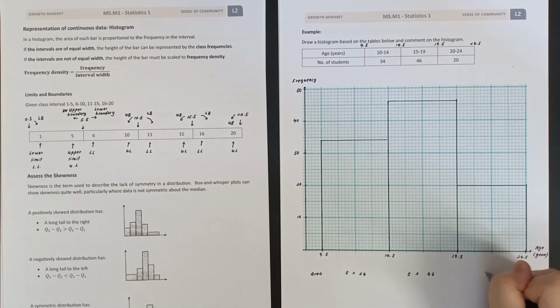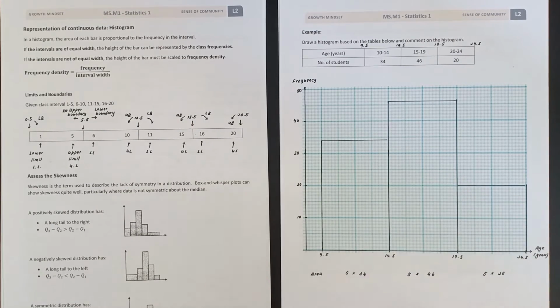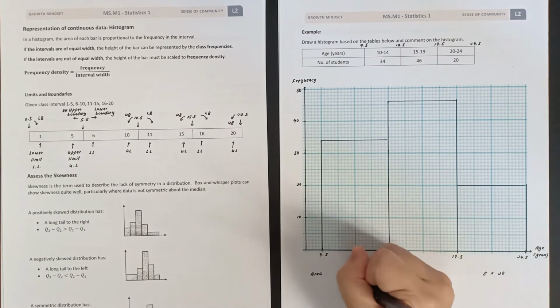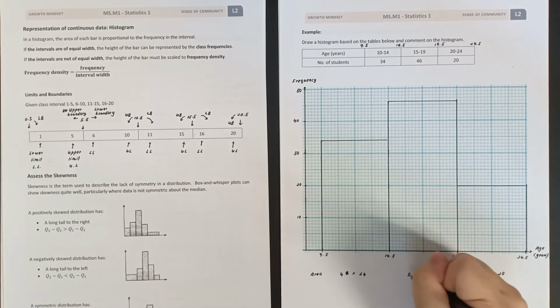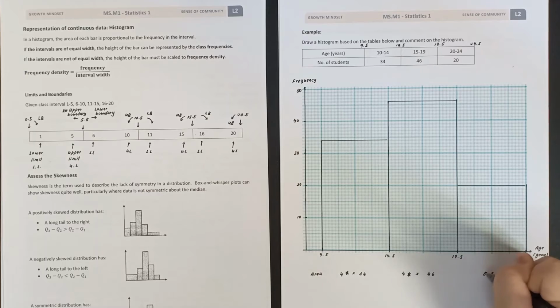Then 5 times 20. To not confuse you, maybe we use the box that we have here. Instead of using 5, maybe use 4, because we have 1 box, 2 box, 3 box, 4 box. But the idea is the same.